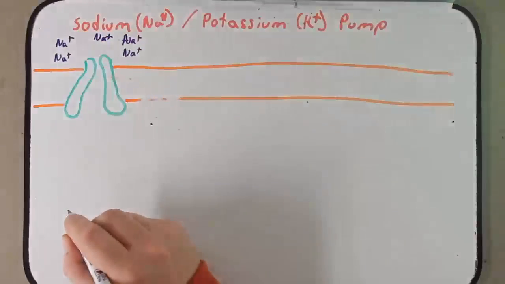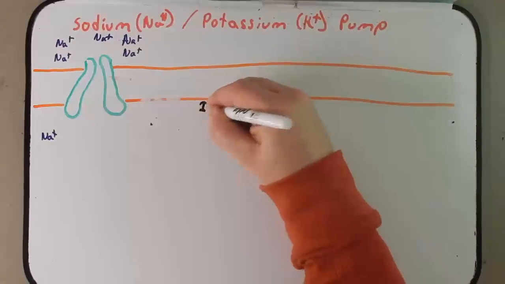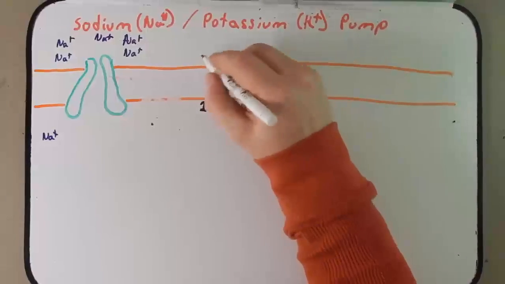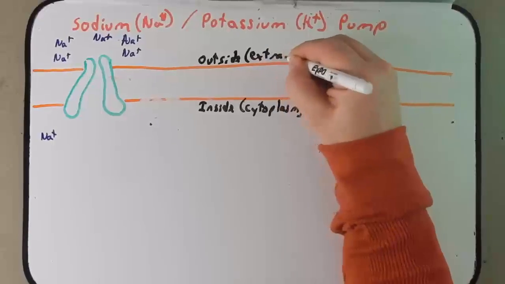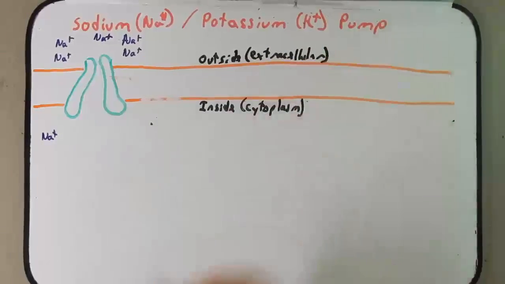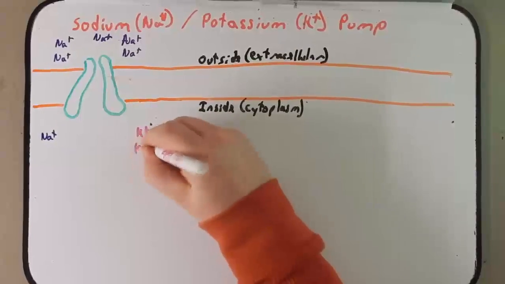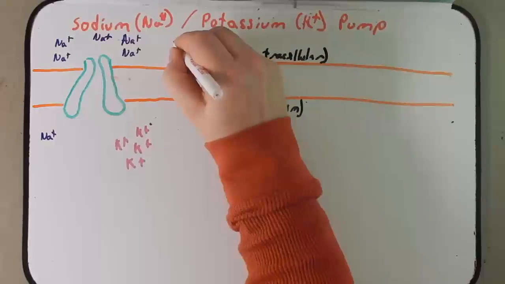And on the inside of the cell, there are fewer. So this is inside, or we might call it the cytoplasm. And up here is outside the cell. And we might call that the extracellular space. And I should also indicate that potassium is higher on the inside of the cell compared to the outside of the cell.